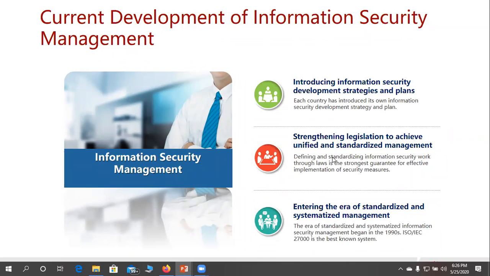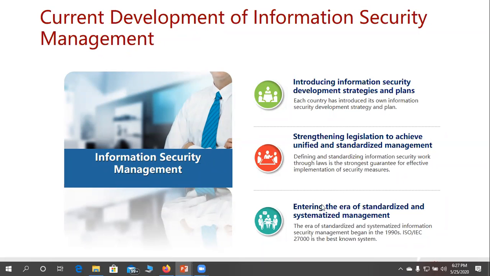And then, of course, we have to strengthen legislation. As far as I know, the Zambian cybersecurity law is still in parliament. So we must have the laws in place. If someone has committed a cyber crime, how are you going to prosecute that person?